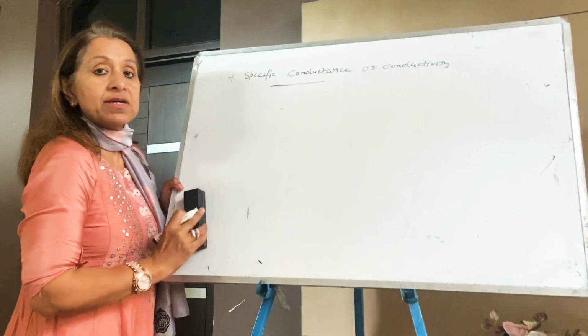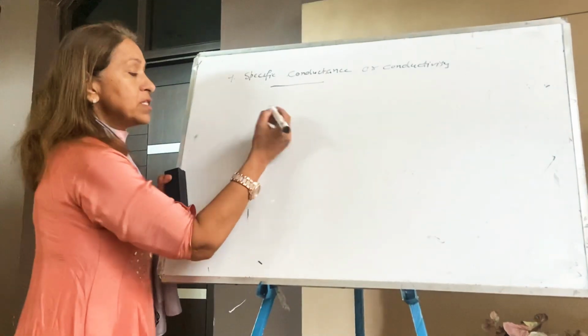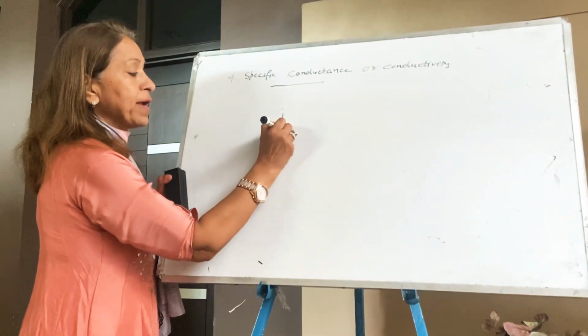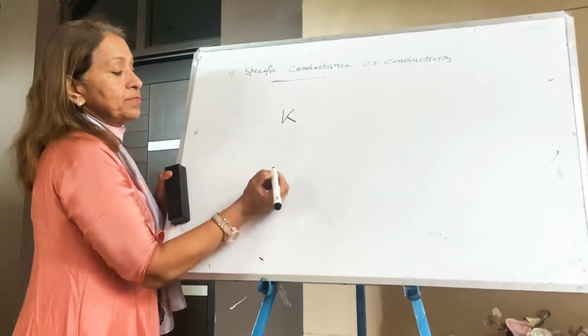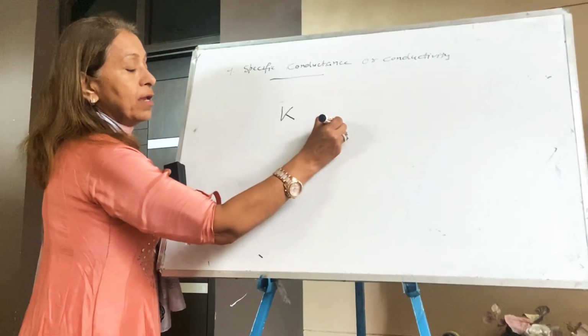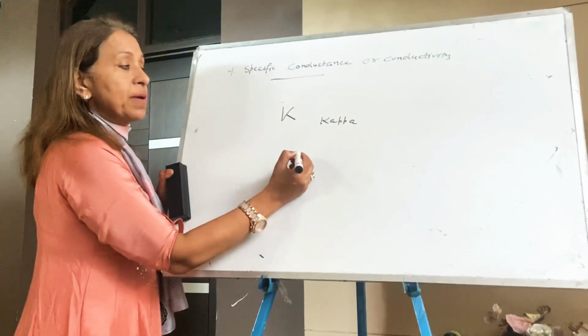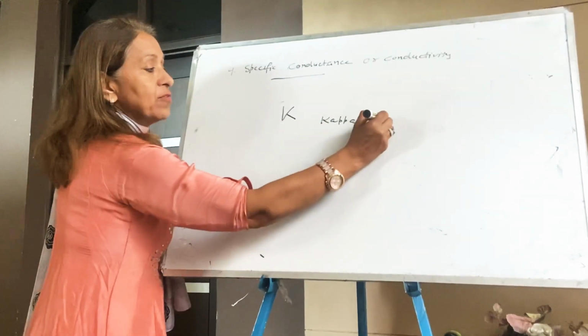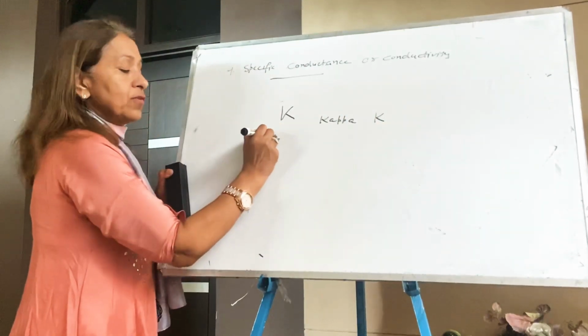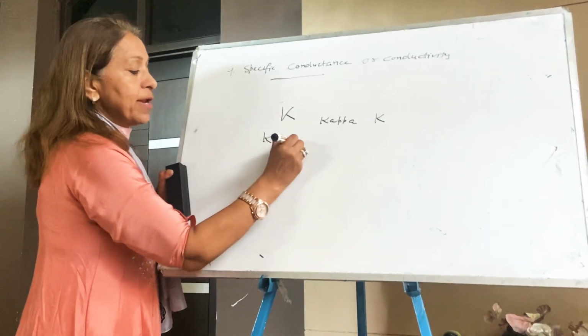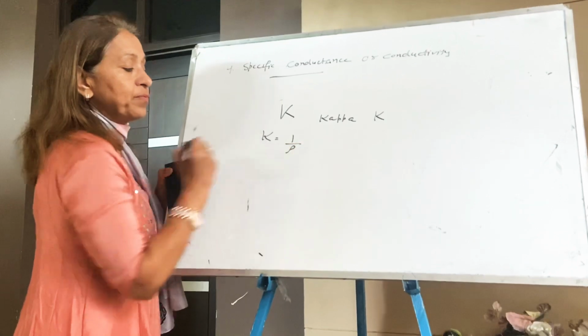Like conductance was the reciprocal of resistance, similarly conductivity is represented by kappa, K-A-P-P-A. You may write even K. K is equal to the reciprocal of resistivity.